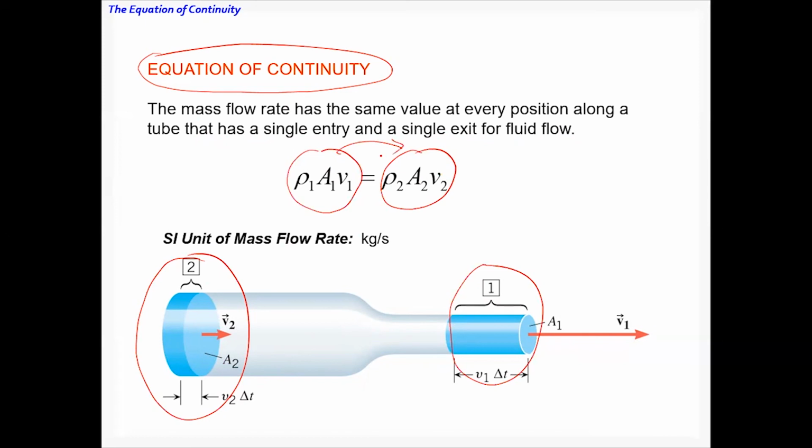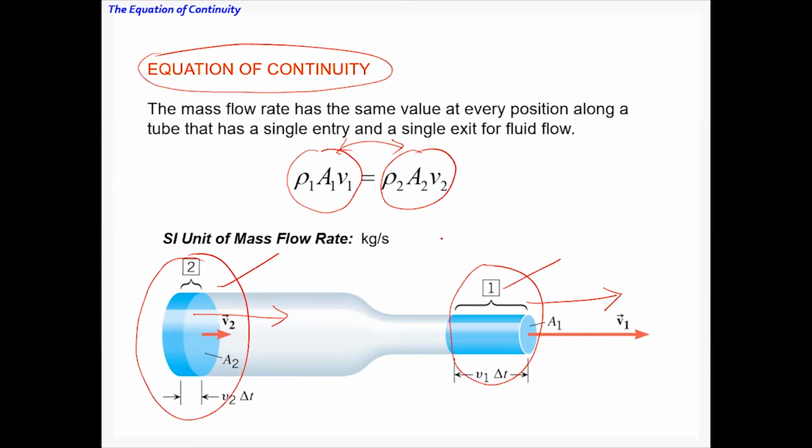They should be equal to each other. That makes sense because whatever comes in should go out. So the mass flow rates are equal at this end and this end. This is called the equation of continuity.